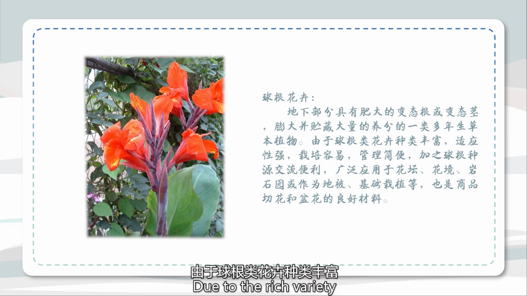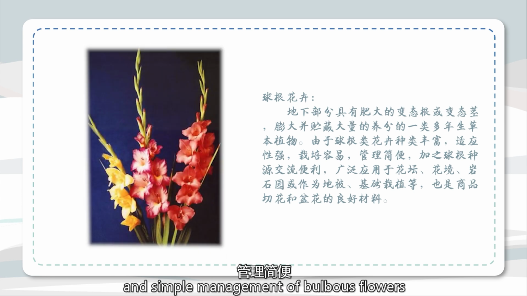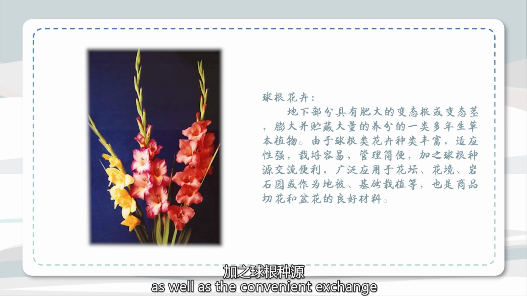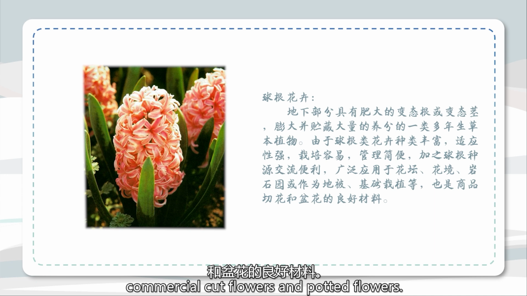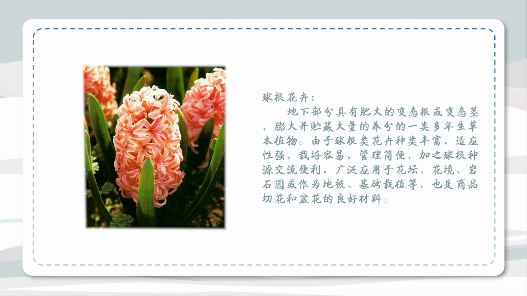Due to the rich variety, strong adaptability, easy cultivation, and small management of bulbous flowers, as well as convenient exchange of bulbous seed sources, they are widely used in parterre flower beds, rope gardens, or as ground cover, basic planting, etc. They are also good materials for commercial cut flowers and potted flowers.